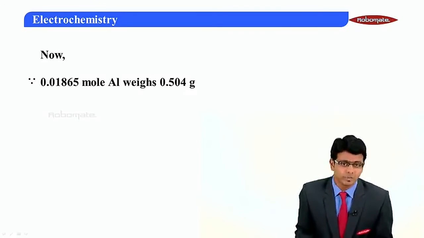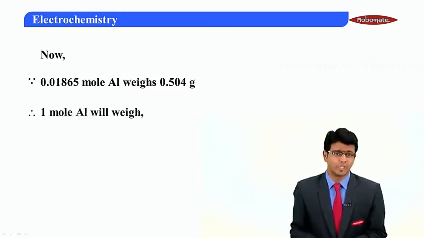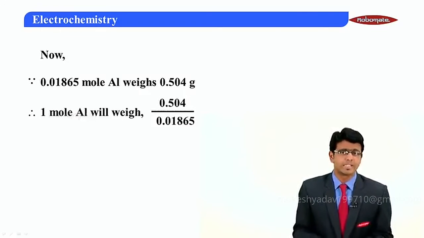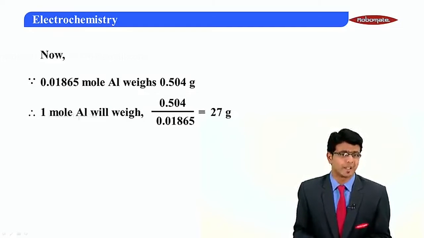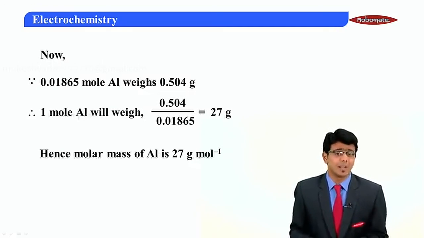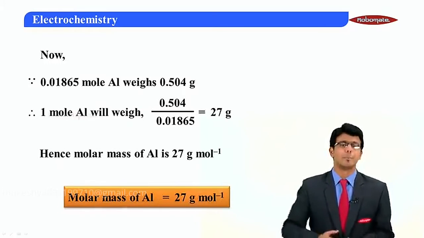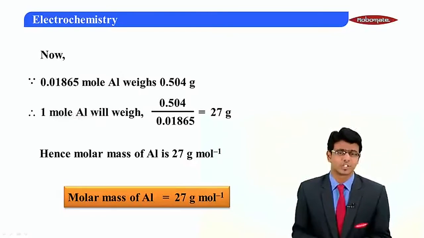So if I consider the mass of 1 mole of aluminium, it will weigh how much? Again here 0.504 upon 0.01865, which gives us the answer as 27 grams. So we can say that the molar mass of aluminium is nothing but 27 grams per mole. So that was this particular numerical with solution, okay?